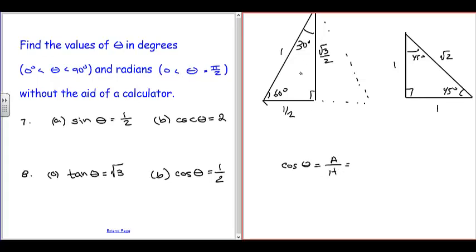The only way we can get 1/2 out of these 3 side lengths is to have 1/2 in the numerator and 1 in the denominator. If we did this divided by that, we'd get the square root of 3. If we did this divided by that, we'd get something involving the square root of 3. So the only one that doesn't involve the square root of 3 is the ratio of these 2 sides.